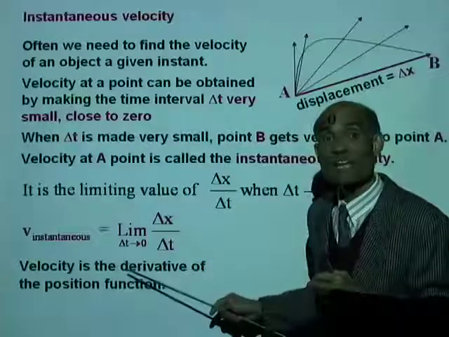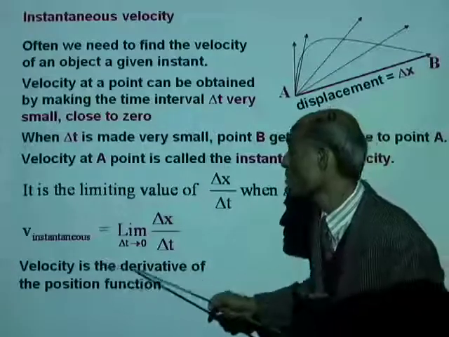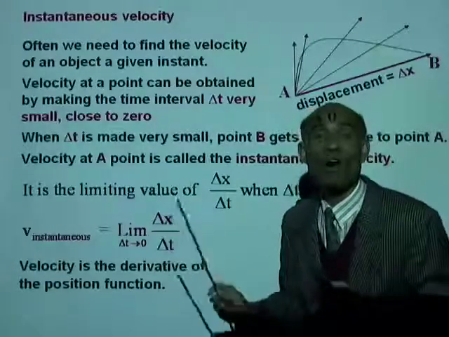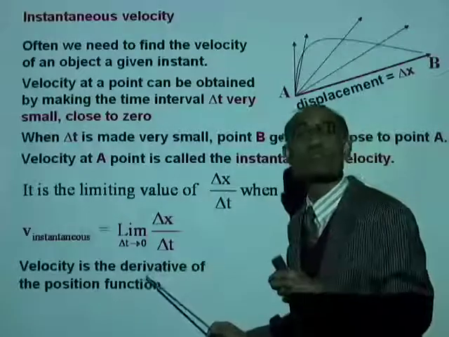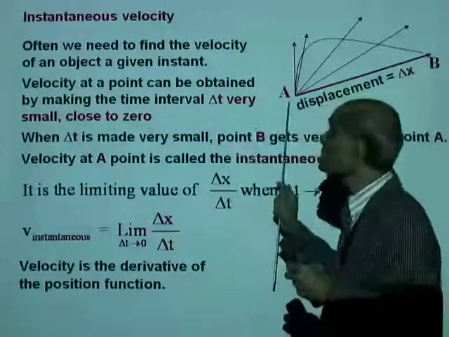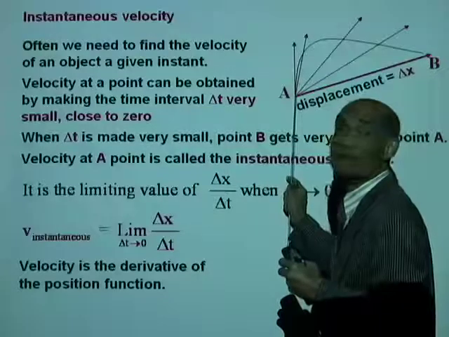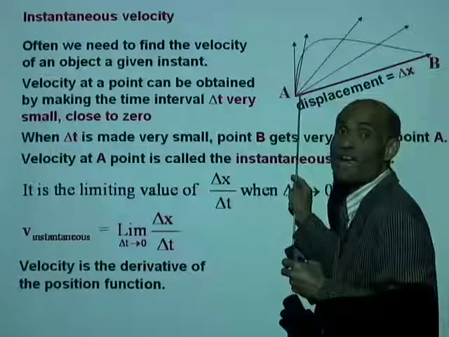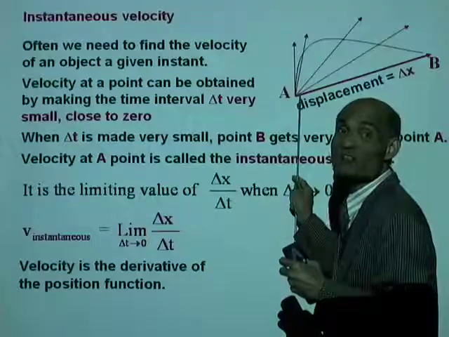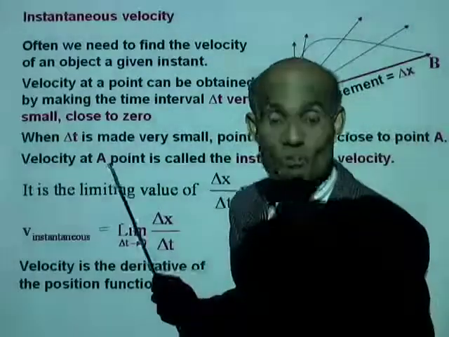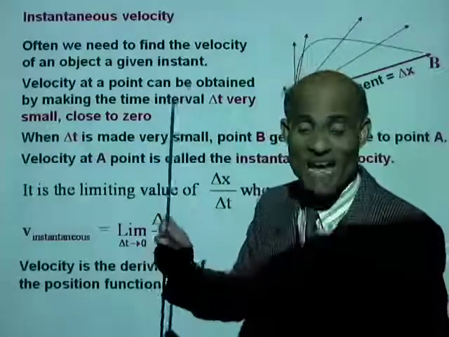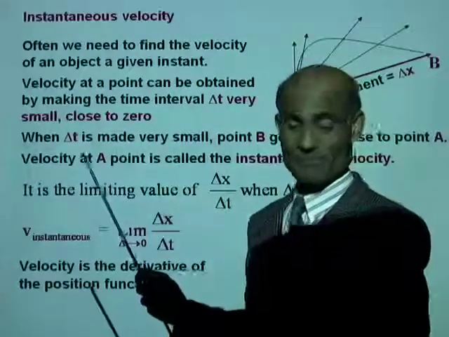And those who understand calculus will call it the derivative of the position function. If you are not doing calculus, you don't need to worry about it. But understand it as the velocity at A, the instantaneous velocity at A, is the slope of the tangent line at that point.